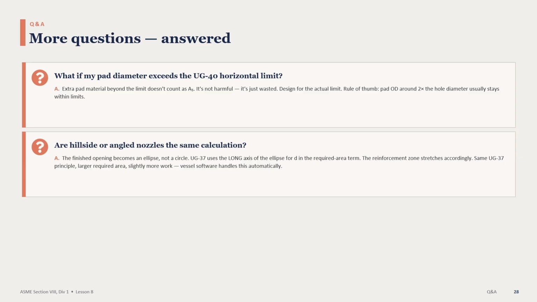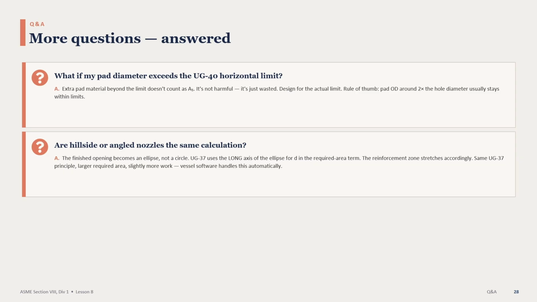Question 5. Are hillside or angled nozzles the same calculation? Same principle, more complex geometry. The finished opening becomes an ellipse, not a circle, when you cut into a cylindrical shell at an angle. UG-37 uses the long axis of that ellipse for D in the required area term.